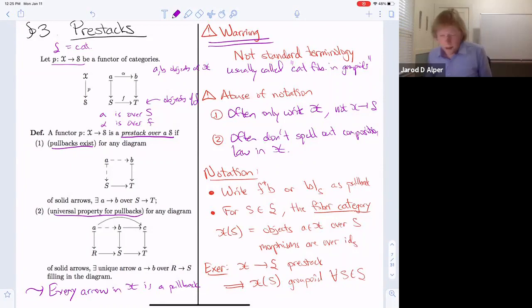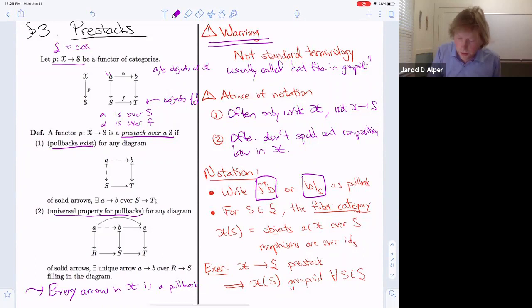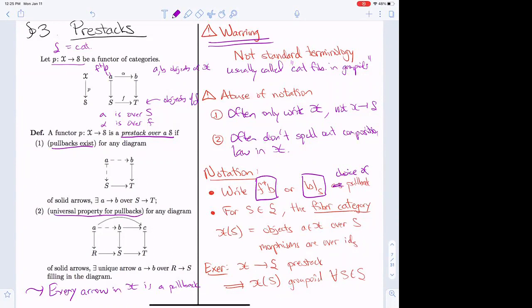And finally, this convenient notation for pullbacks, F pullback B, F restricted to S, is one way to denote that it's really a choice of pullback. So I really want that arrow in the universal property to be unique.